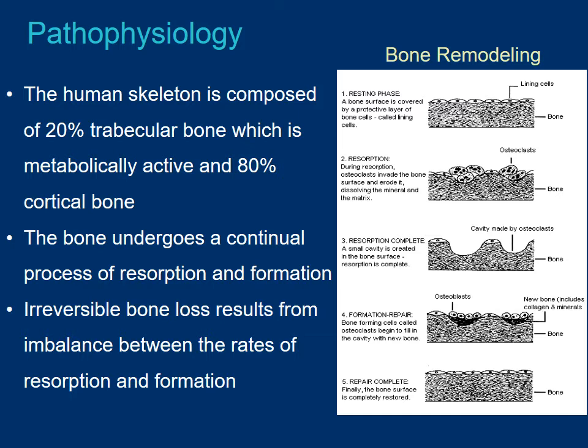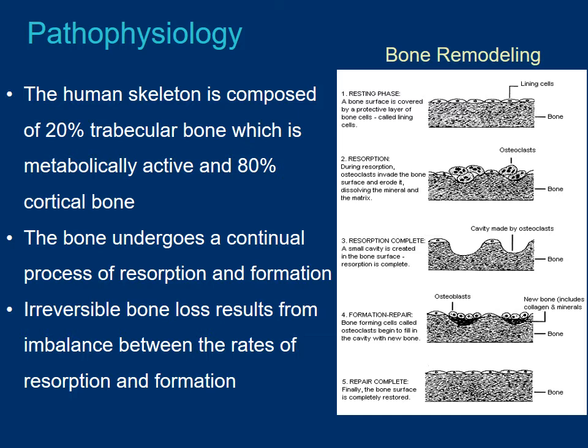Then the formation phase starts. New bone formation and repair or healing of the bone occurs by the bone forming cells, which are called the osteoblasts, which will fill this cavity with new bone. When this filling is complete, the repair is complete, and the bone surface is completely restored.